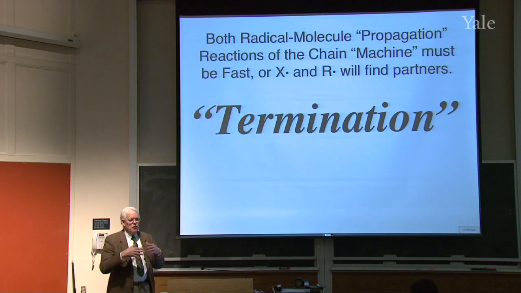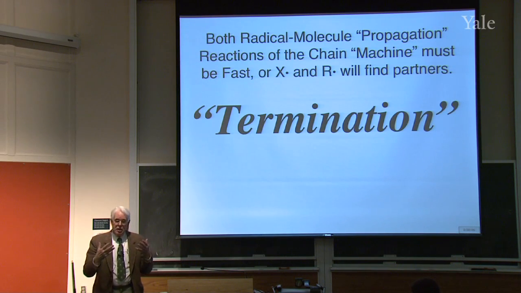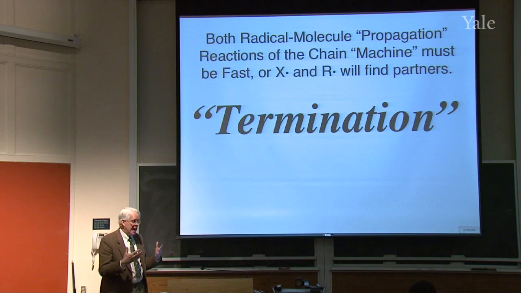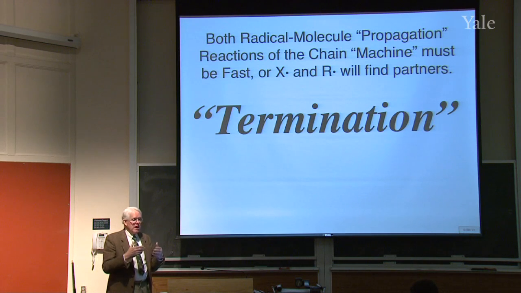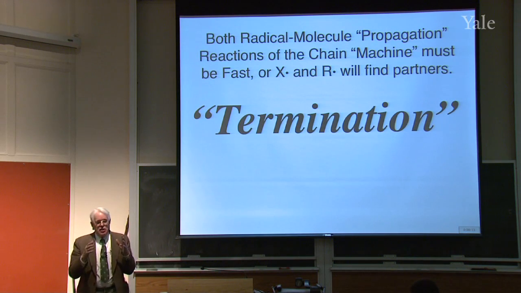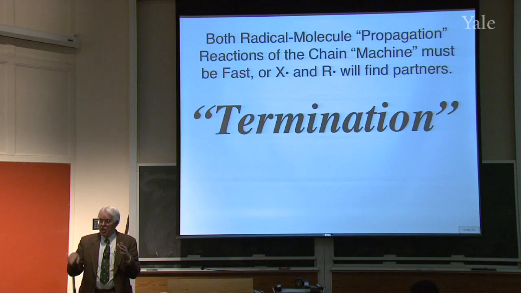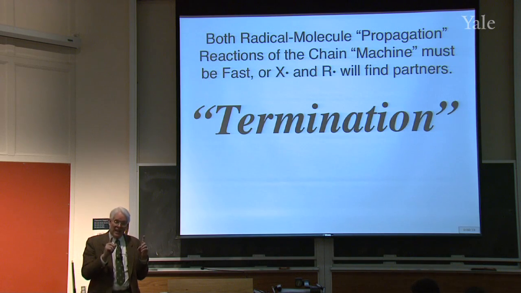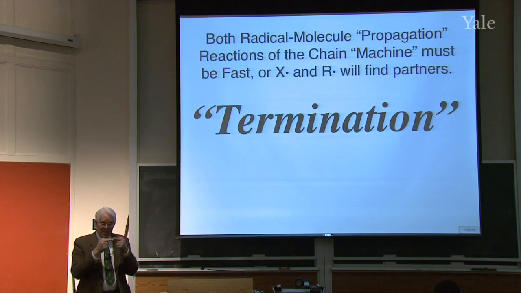But even if you're generating radicals, you can lose them by radicals being destroyed. Remember we said, why not just wait longer and let this machine go around even if it's going slower? The reason is that's not all the radicals can do, abstracting hydrogens or adding to double bonds. If radicals find each other, the SOMO-SOMO reaction is really easy. It's all downhill in energy.